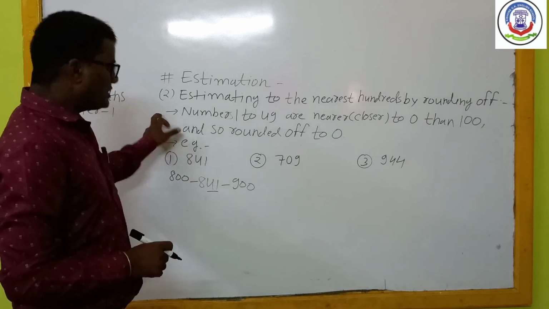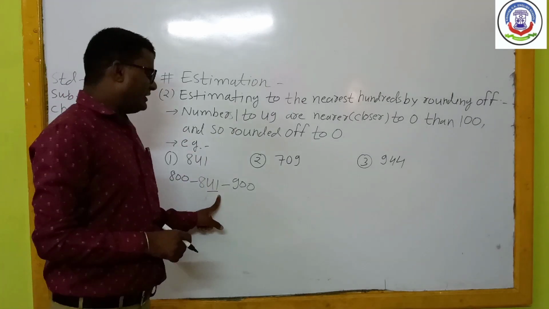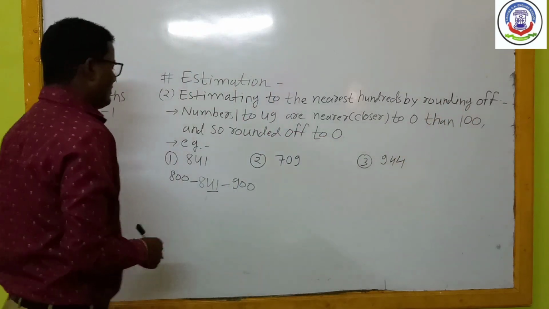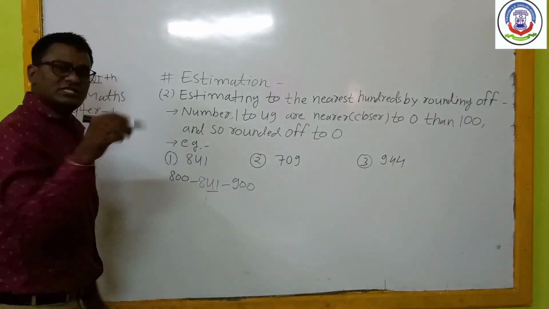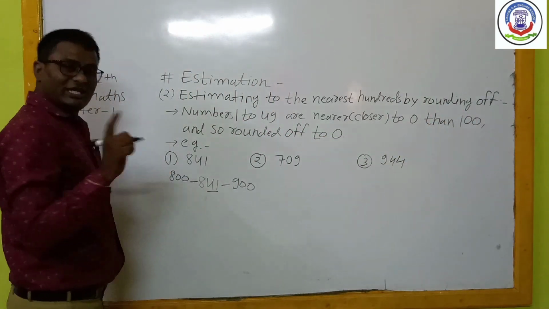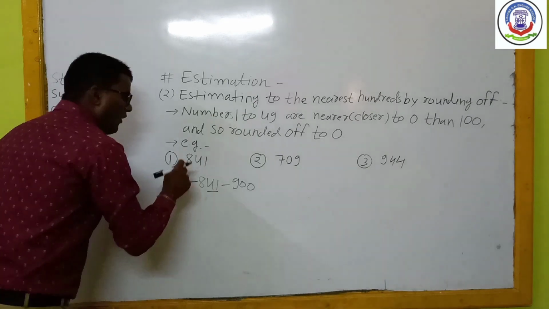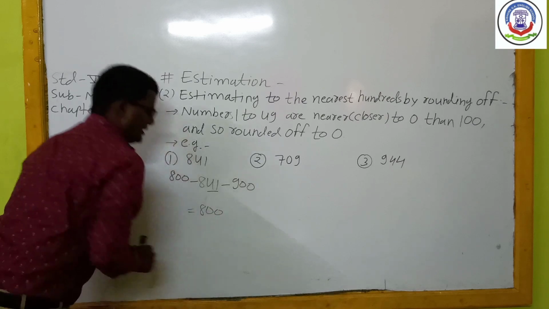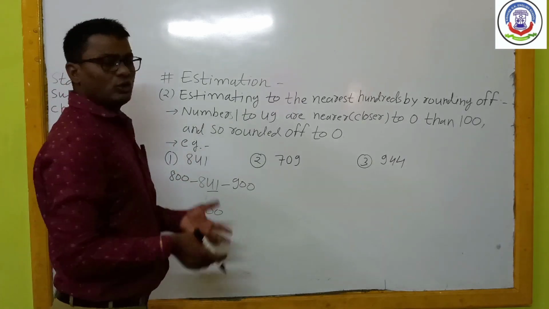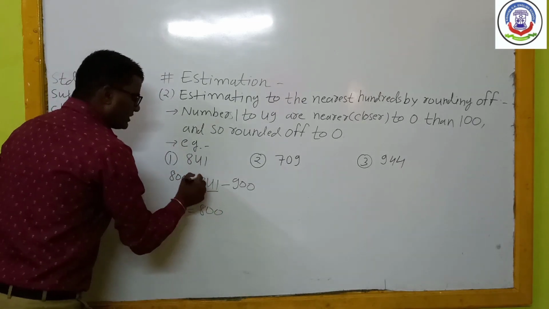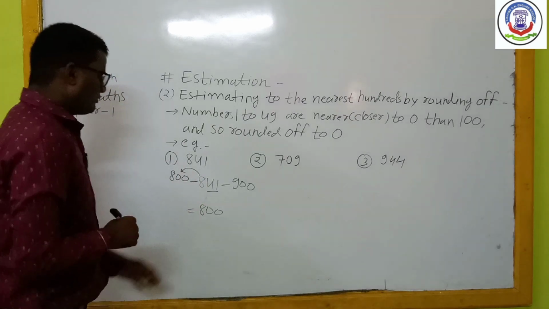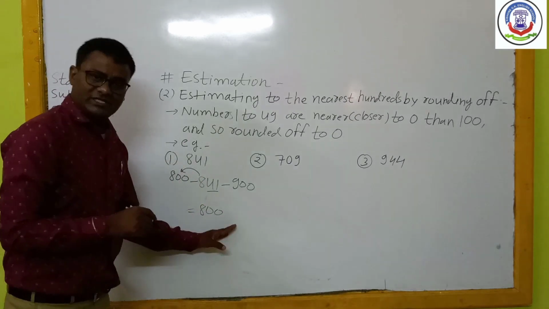According to this point, 41 is nearer to 0 than 100, so we will round them as 0 0. So the required rounded off number of 841 will be 800, and you can also see that 841 is nearer to 800, so the rounded off number will become 800.